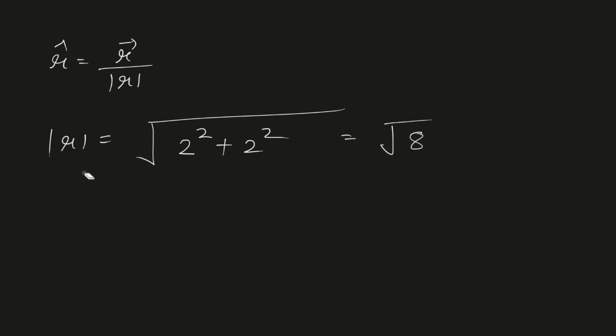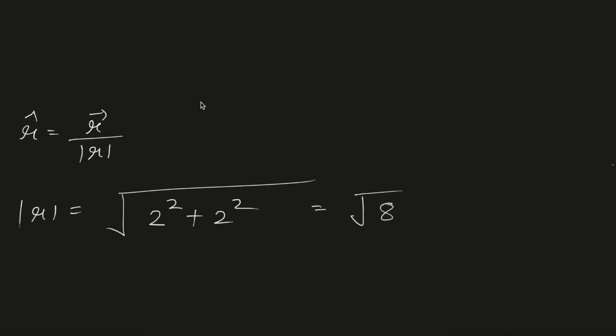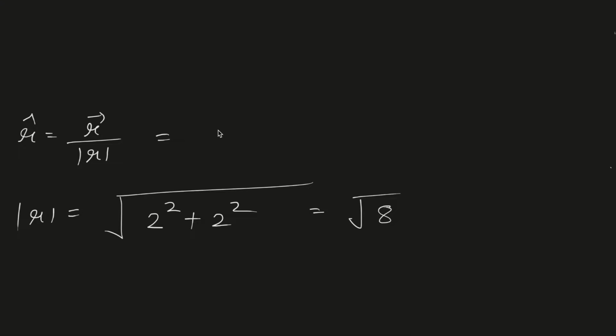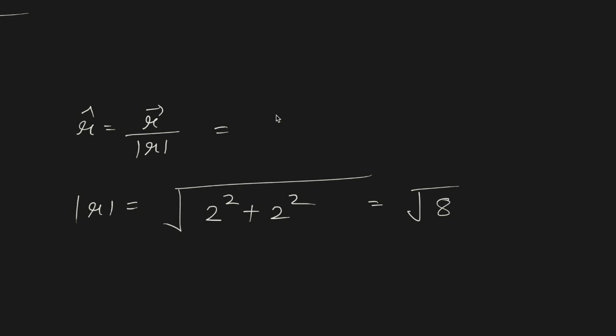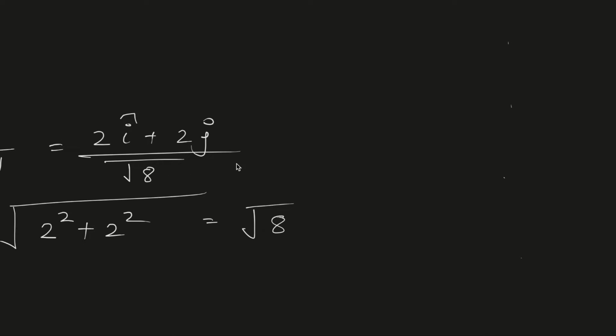This is the magnitude for the r vector. The unit vector r cap then becomes 2x cap plus 2y cap divided by its magnitude, which is under root 8.